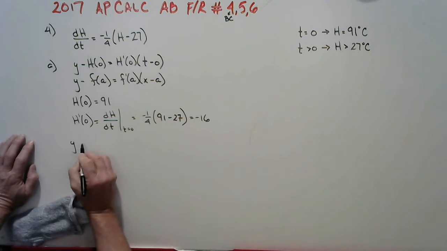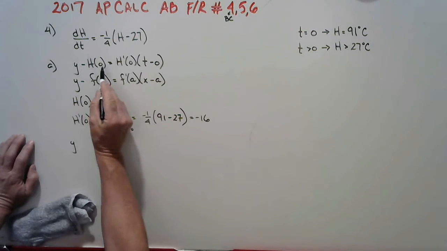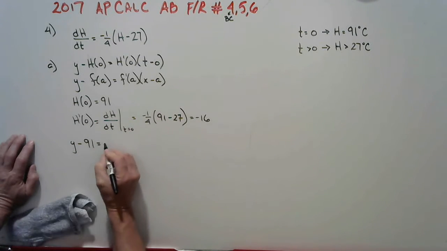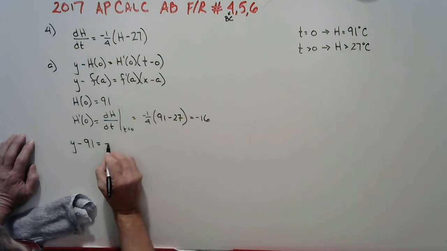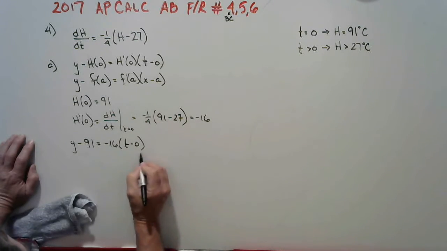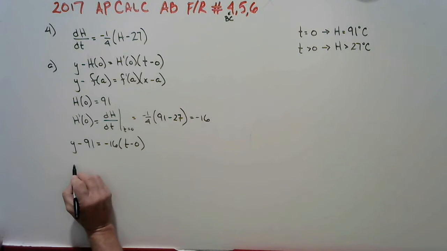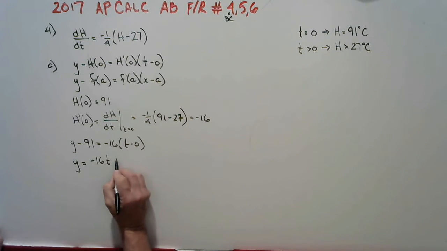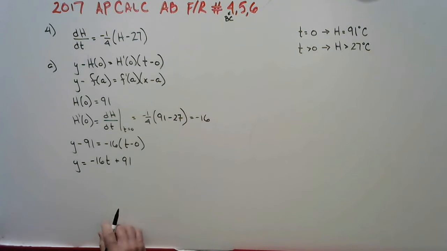We get y minus 91 equals our derivative, which is -16, times t minus 0. So we bring the 91 over, and we get y equals -16t plus 91. So in part A, it said find the equation of the tangent line.